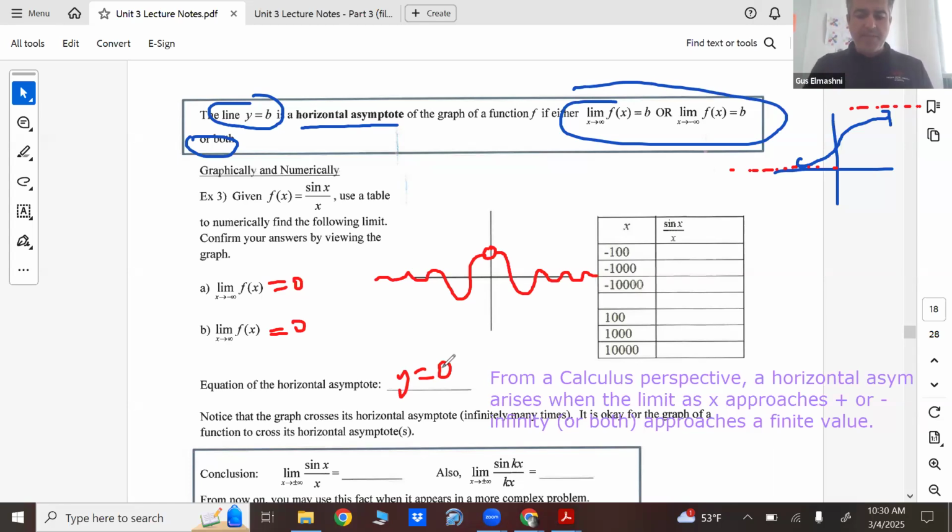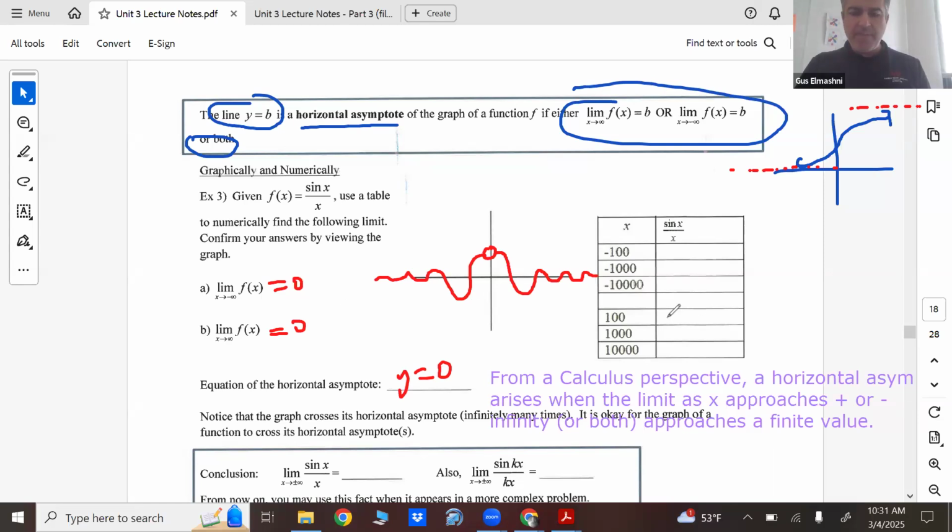So sine x over x. We go to alpha trace, y1. Let's plug in 100. Let's plug in 1000. Let's plug in 10,000. You should get this.